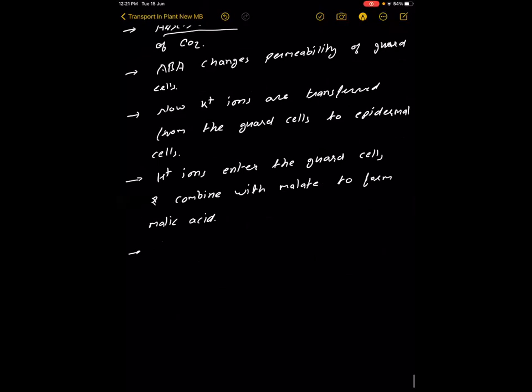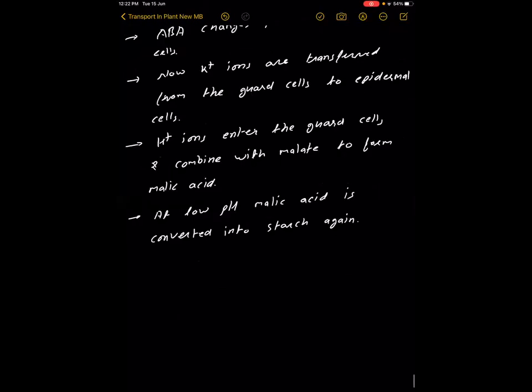At a reduced pH, malic acid is converted into starch again. It lowers the pH, it lowers the osmotic pressure.